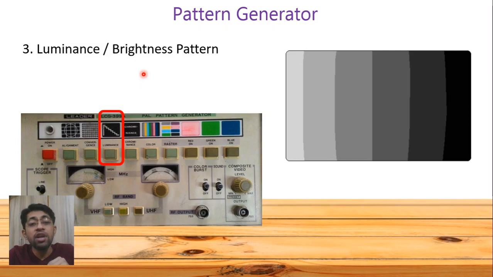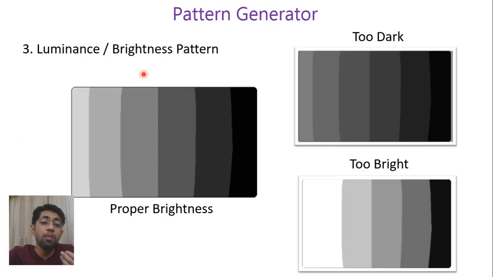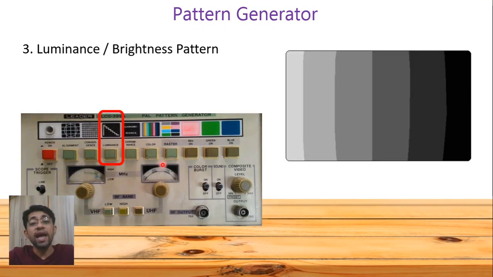As an example, if there is some problem in the circuit which processes this luminance signal, then your pattern will look either too dark or too bright. Depending on this output, one has to make the necessary changes so that one can get the proper brightness. So to set the brightness, one has to use the luminance pattern or brightness pattern.